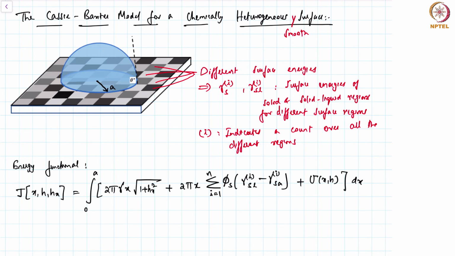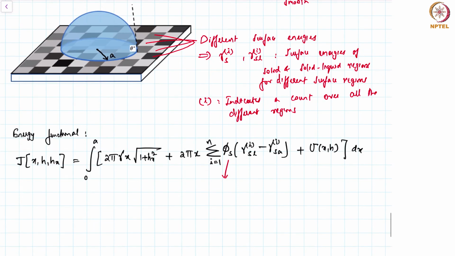So this quantity phi s here is like what we had talked about, islands, of the area fractions of different types of surfaces. And by the way, this has to have a superscript as well, so we'll call this a superscript of I.